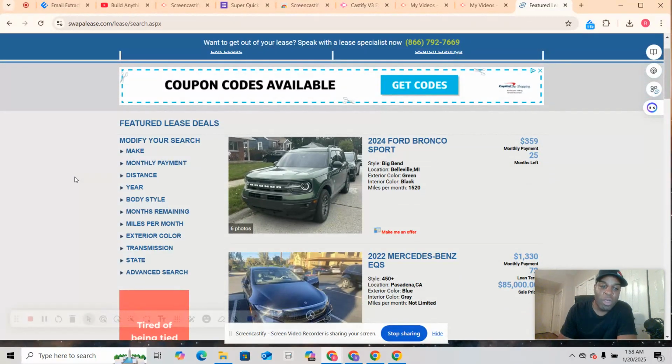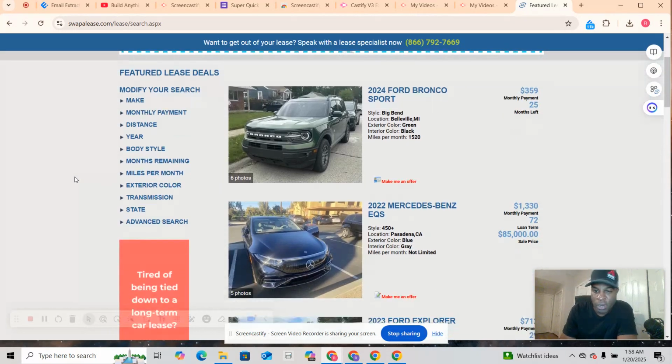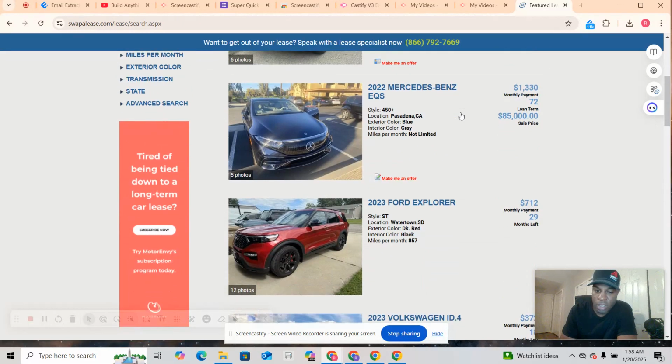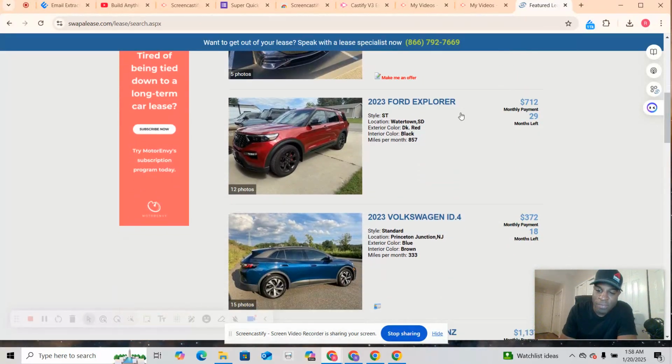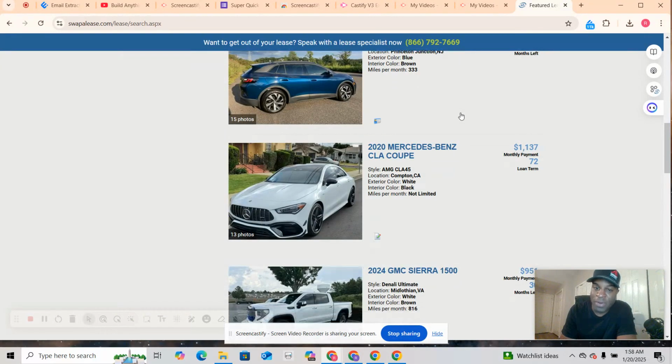Once you go to Swap a Lease, you're looking for a lease to take over. As you see here, we see a 2024 Ford Bronco, lease payment 359, 25 months left. That is not something you want to take over. You see 29 months left, 18 months left. Do you want to take over the payment for 18 months?